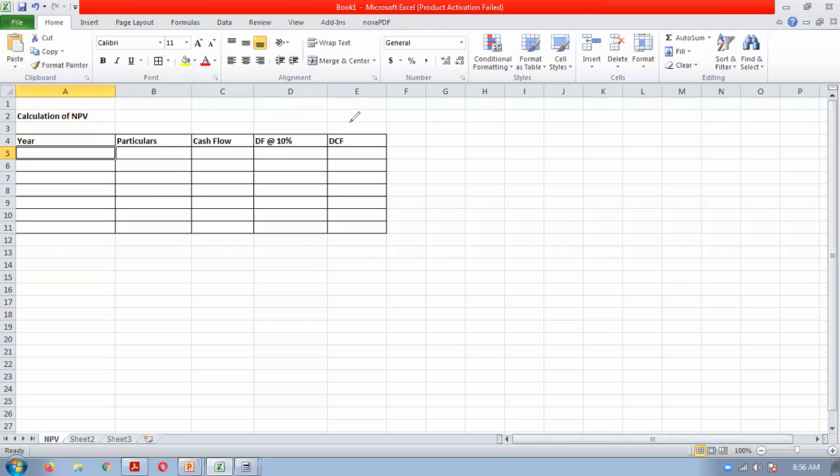When the date you are making the investment, that will be called 0. Then inflows will be first, second, and third. 3 years are there. Initial investment will be cash outflow. That is, when you make the investment, that will be cash outflow of minus 1 lakh. And cash inflows will be for 3 years.